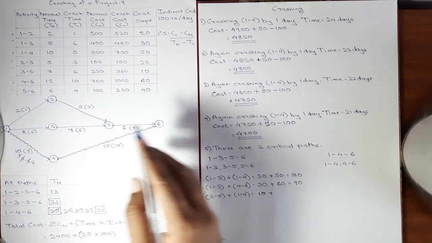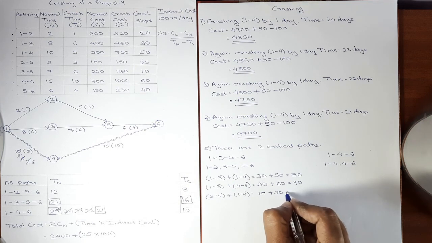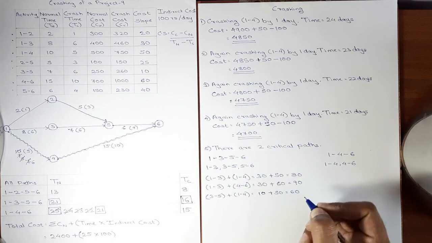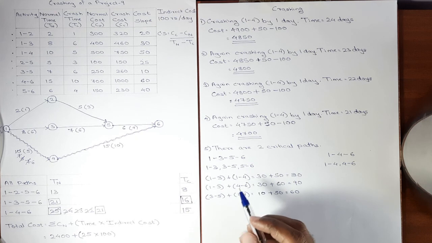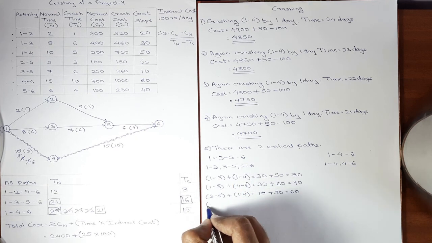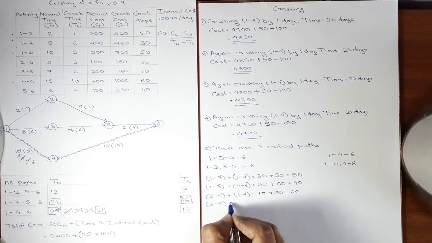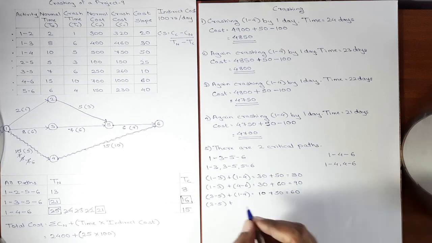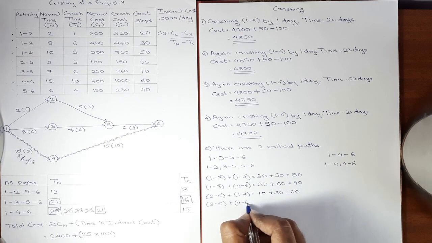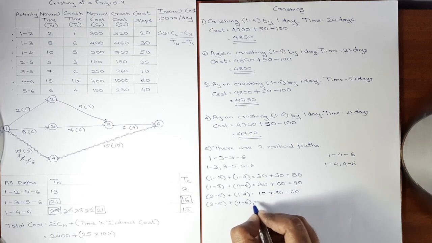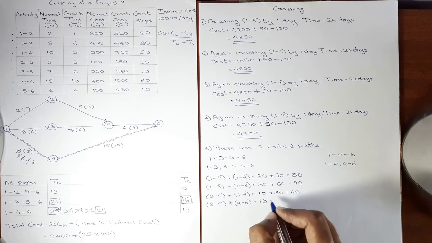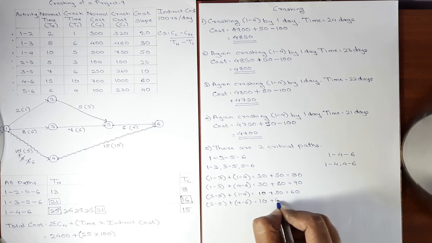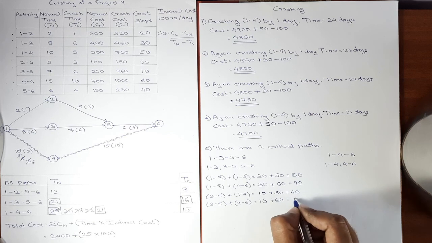Cost slope of 1, 4 is 50. 10 plus 50 is equal to 60. Next combination will be the second activity from the first path plus the second activity from the second path, that is 3, 5 plus 4, 6. Cost slope of 3, 5 is 10. Cost slope of 4, 6 is 60. 10 plus 60 is equal to 70.